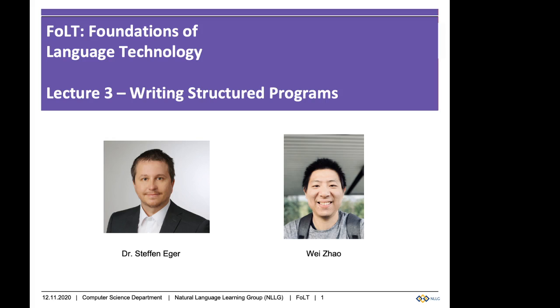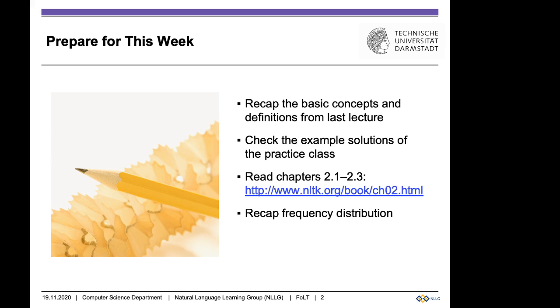Today, we will learn how to write Python in a more advanced way. But before moving to today's lecture, we will spend a little time to review what we have learned in the last lecture.